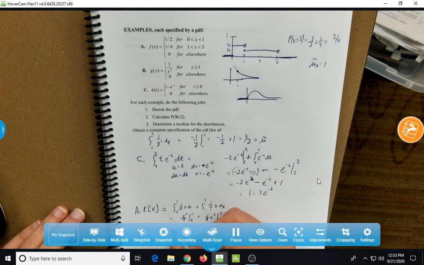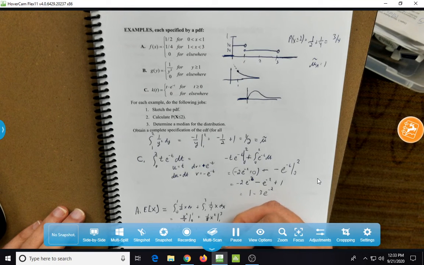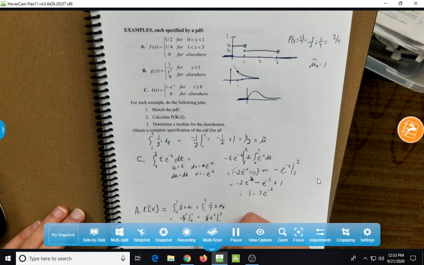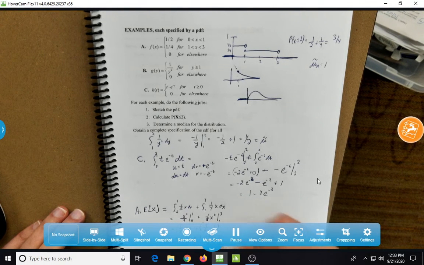Going from 1 to 3, 1/4 minus 0, plus 9/8 minus 1/8 gives me 1/4 plus 1, so gives me a mean of 5/4.